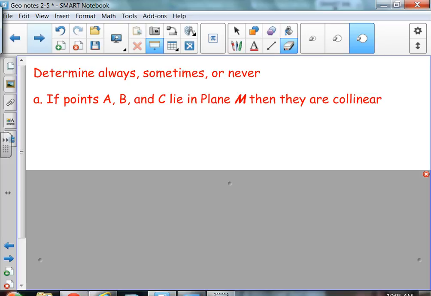All right, you're going to be determining always, sometimes, or never. So if points A, B, and C lie in plane M, then they are collinear. Points A, B, and C lie in plane M. Are they collinear? How many points do you need to form a plane? 3 points form a plane.